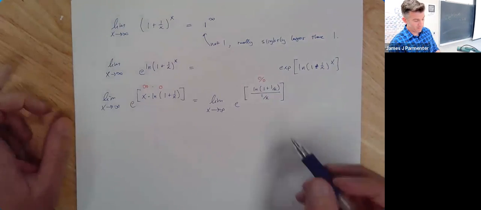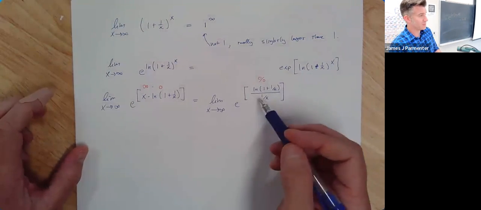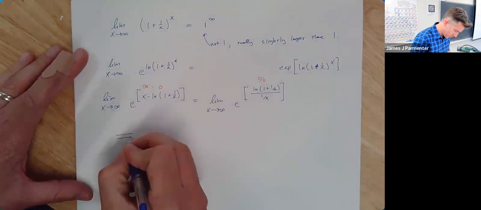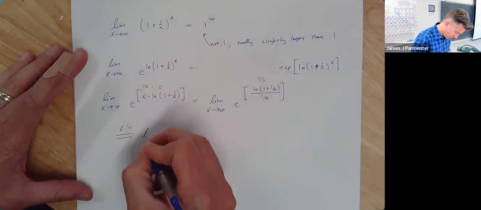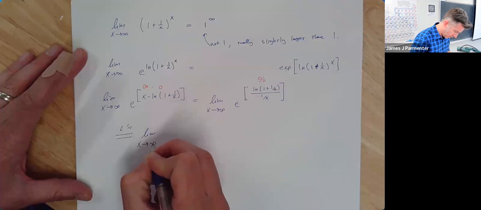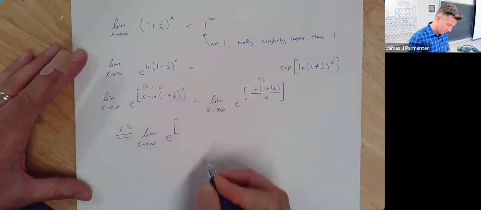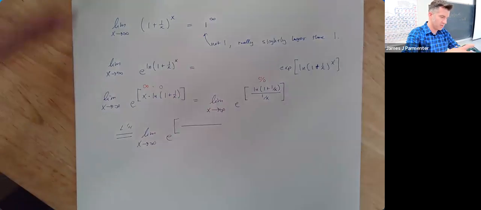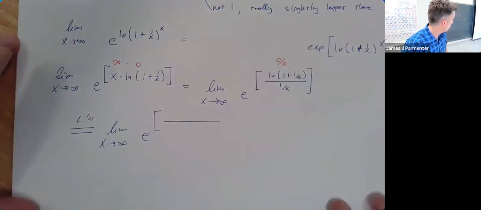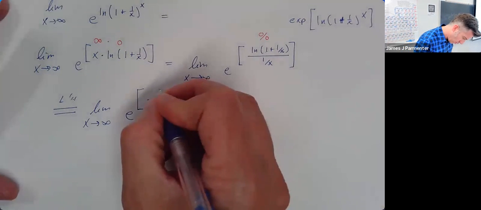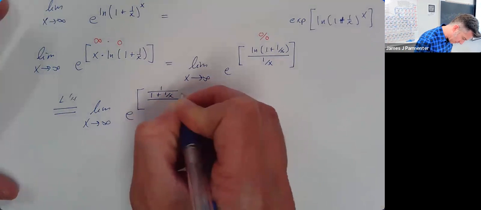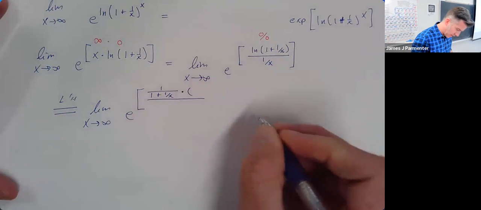Okay. Well, now I've got a 0 over 0, and even though it's in the exponent, I can still apply L'Hopital's rule. I'm going to say that this is equal to the limit as x goes to infinity of e to the power of, the derivative of the natural log of some stuff is 1 over the stuff, so 1 over 1 plus 1 over x, times the derivative of the stuff.